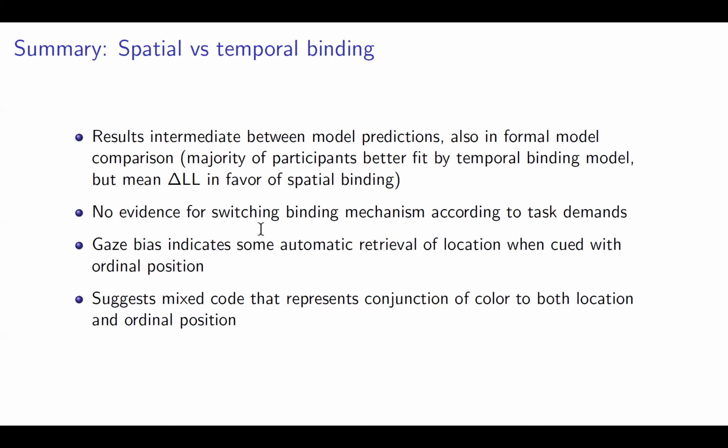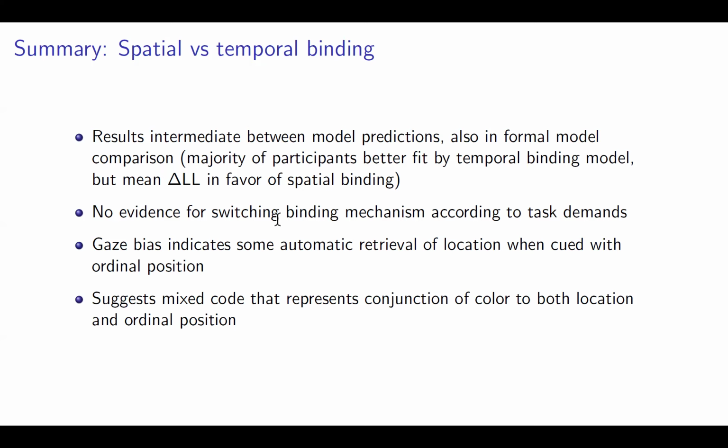So the hypothesis is that a possible explanation is that the retrieval of the location from the ordinal position, or vice versa, is pretty fast and reliable. And then both of these can be used to try and retrieve the color, so that there are conjunctional representations for location and color, and for time and color, and of course also for location and time.